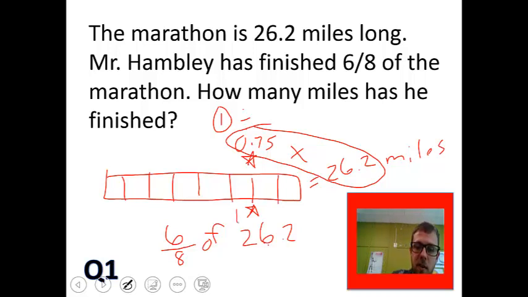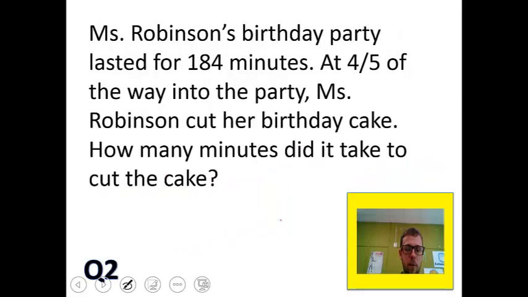So we know this value is 19.65. Alright, so that means that's how many miles he has finished. So if I've only gone 6/8 of my marathon, I've only gone 19.65 miles. Alright, you try the next one by yourself.